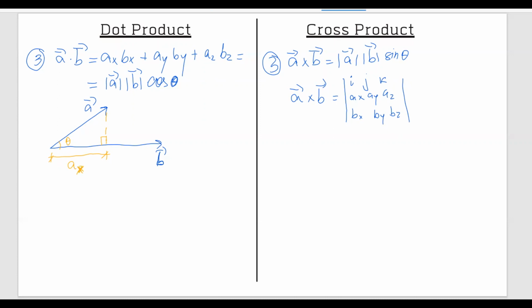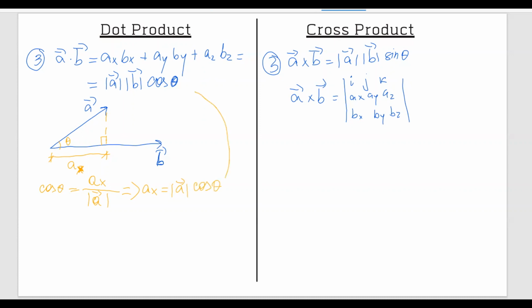So let's apply cosine theta in this right triangle here. Cosine of theta, we know, is the adjacent over the hypotenuse, which is the magnitude of vector A. So from here, AX is equal to the magnitude of vector A times cosine of theta.